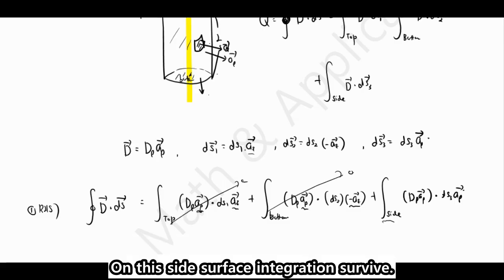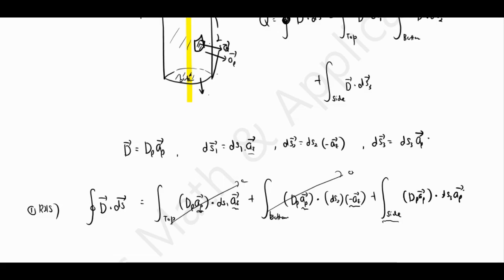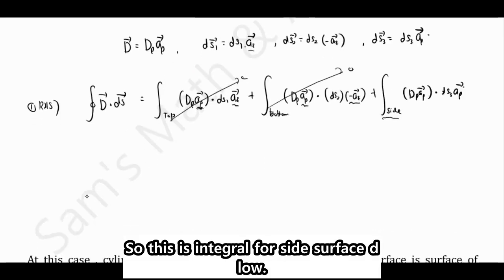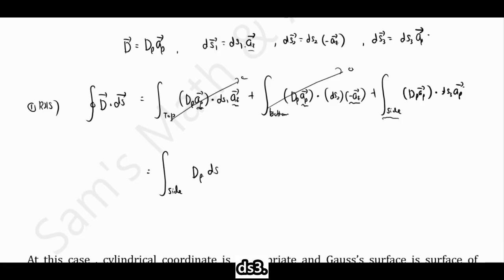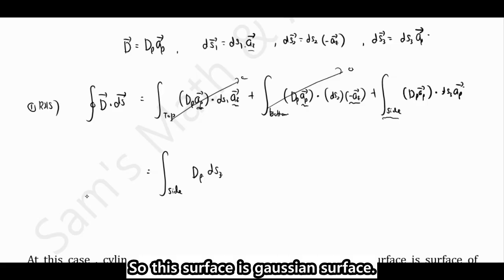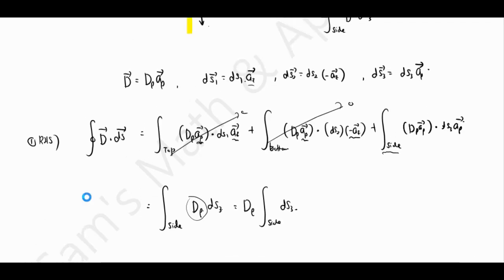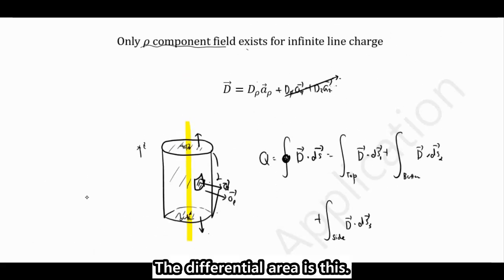Only side surface integration survives, so this is integral for side surface D_rho dS3. This surface is Gaussian surface. D_rho is constant, so D_rho integral side dS3. What is dS3? The differential area is this.